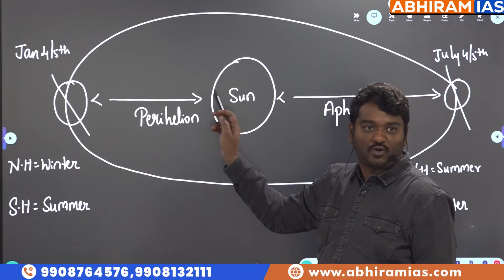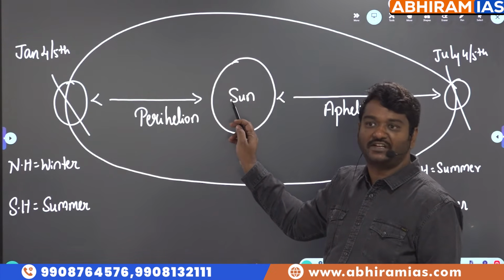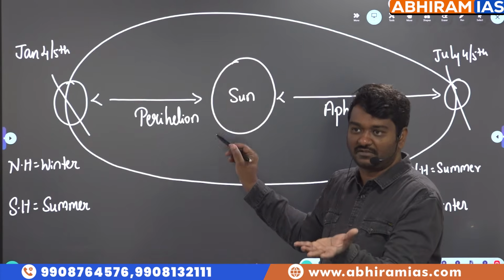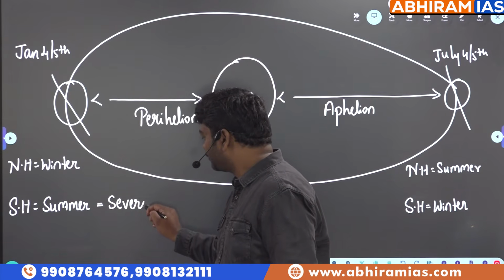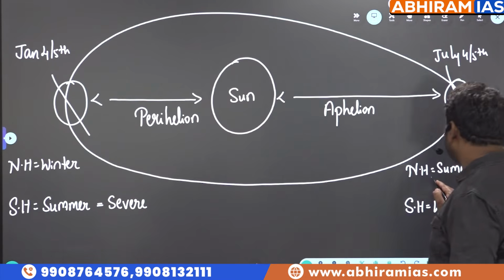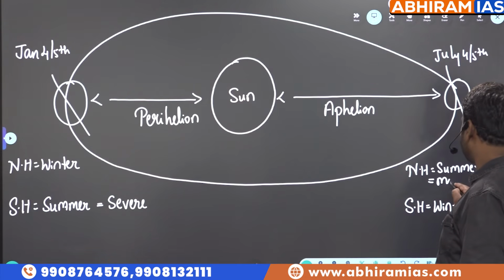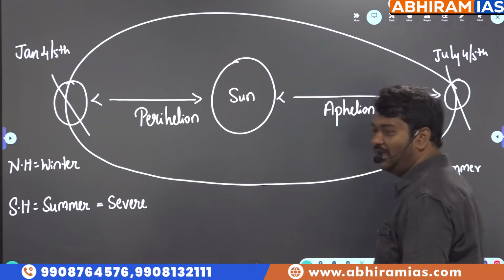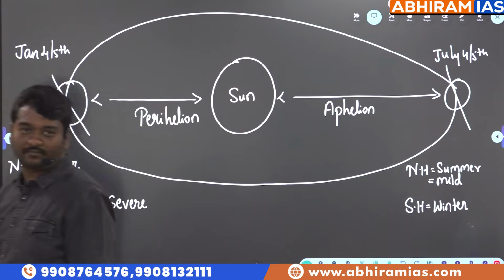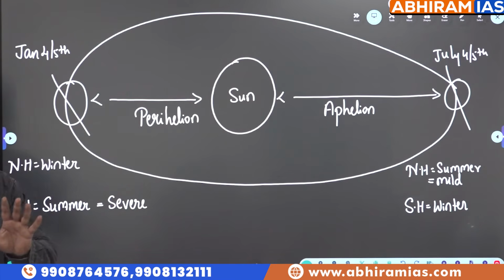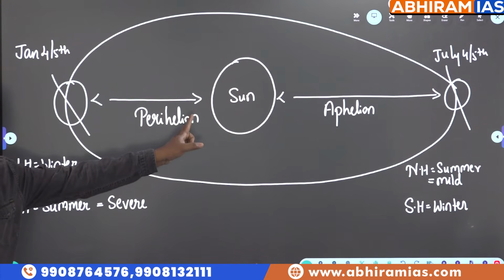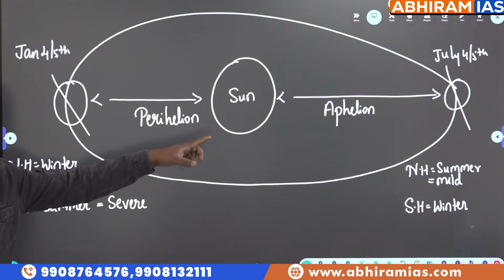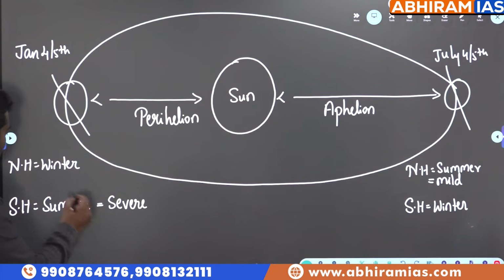If Earth is closer to the sun in summer season, can I say temperature of the Earth increases? So, summer will be severe. Whereas in the northern hemisphere, as Earth is far from the sun, it will be mild. Okay? You talk about winter. In winter, if I am closer to the sun, can I say it will be mild cold?